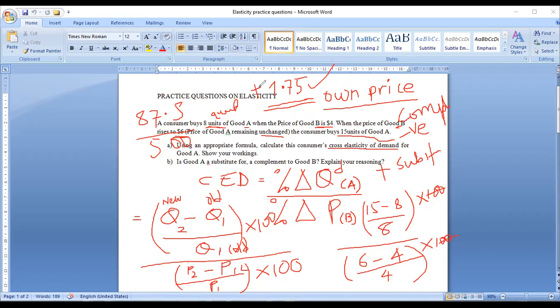So what is the nature of our goods, A and B? Yes, madam, good A is a substitute. Only good A is a substitute?